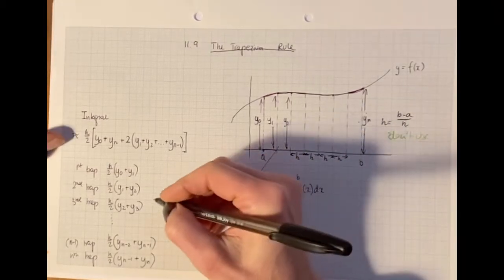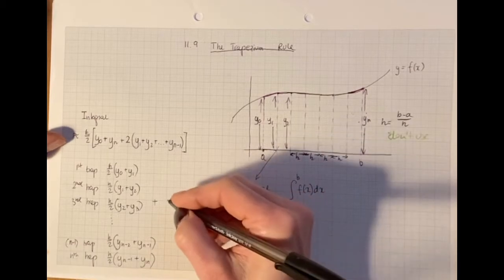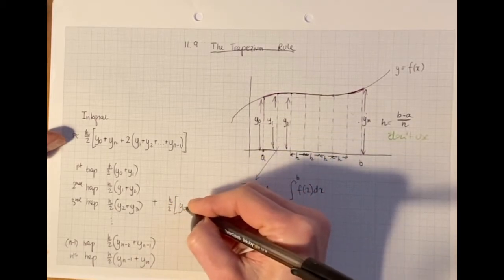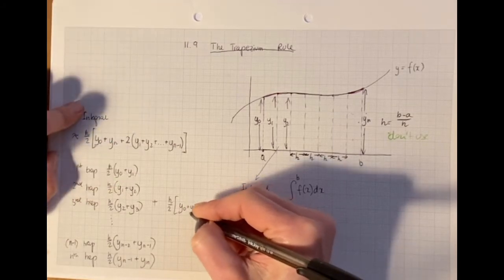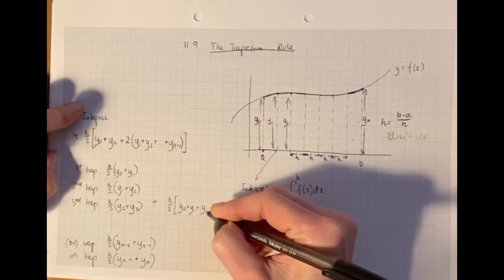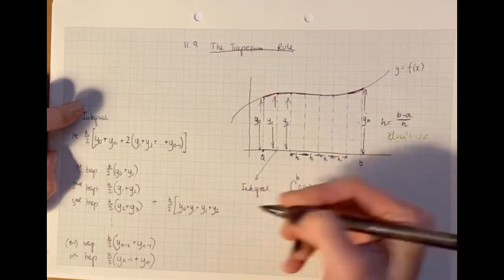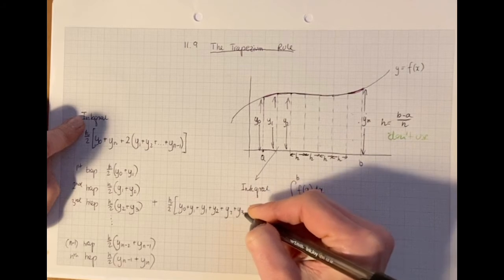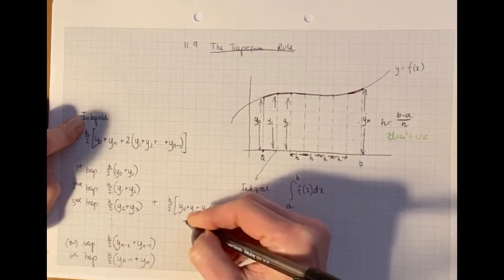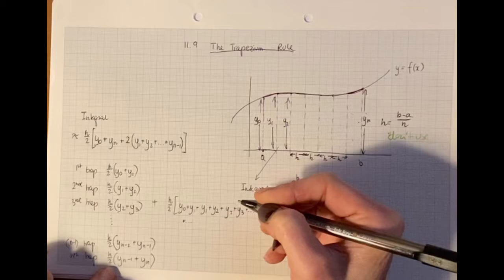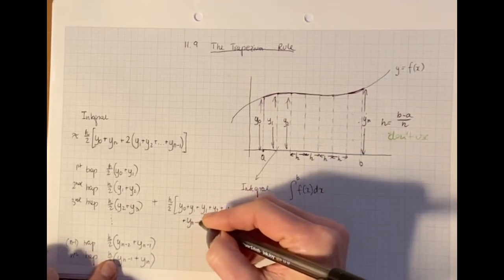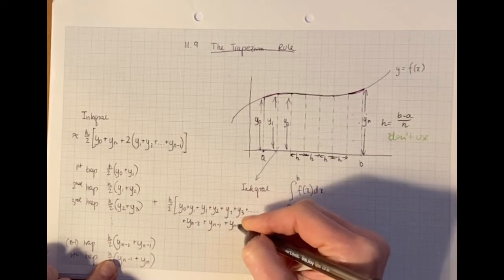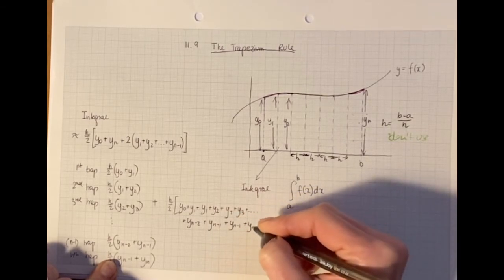If you add them all together, because you're adding the areas, all of them will factorize h over 2 out, and you'll have y0 plus y1 from the first trapezium, y1 plus y2 from the second, y2 plus y3 from the third, and then yn minus 2 plus yn minus 1, then yn minus 1 plus yn.